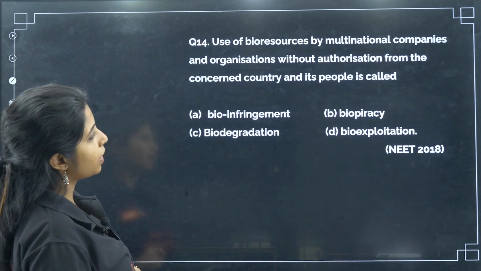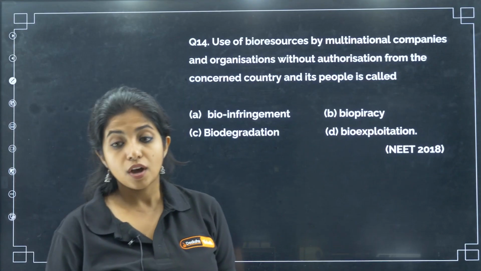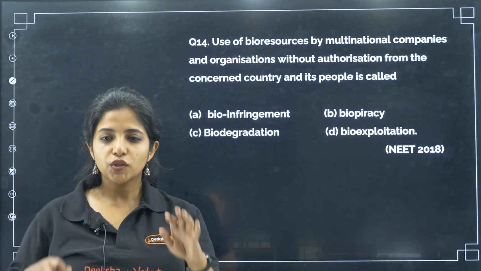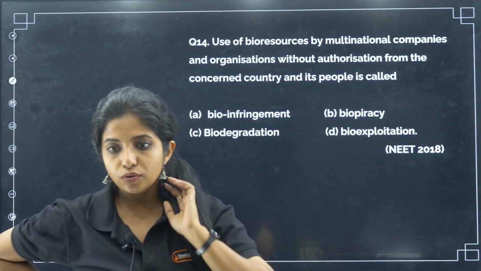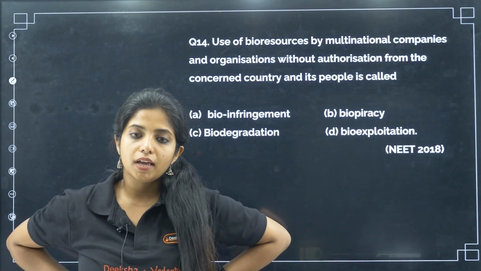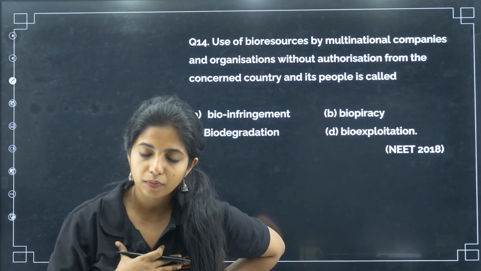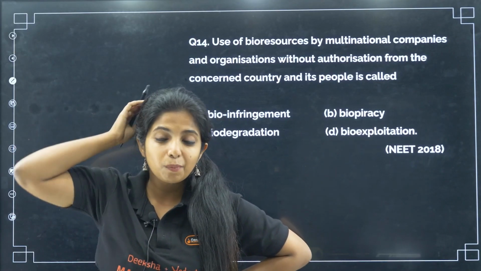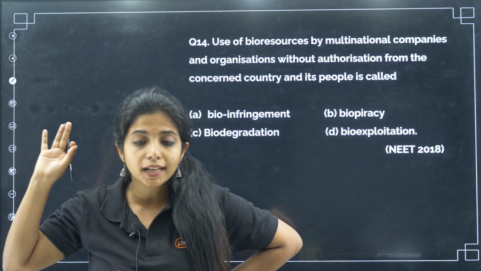Now, the use of bioresources by multinational companies and organizations without authorization from the concerned country and its people is called what, my dear children? You are using it as a multinational company and you are not giving proper authorization. For example, I am a multinational company belonging to a different country. Now I have been using India's rice and I am taking a patent on it, so that only I can sell this, no one else can sell this.